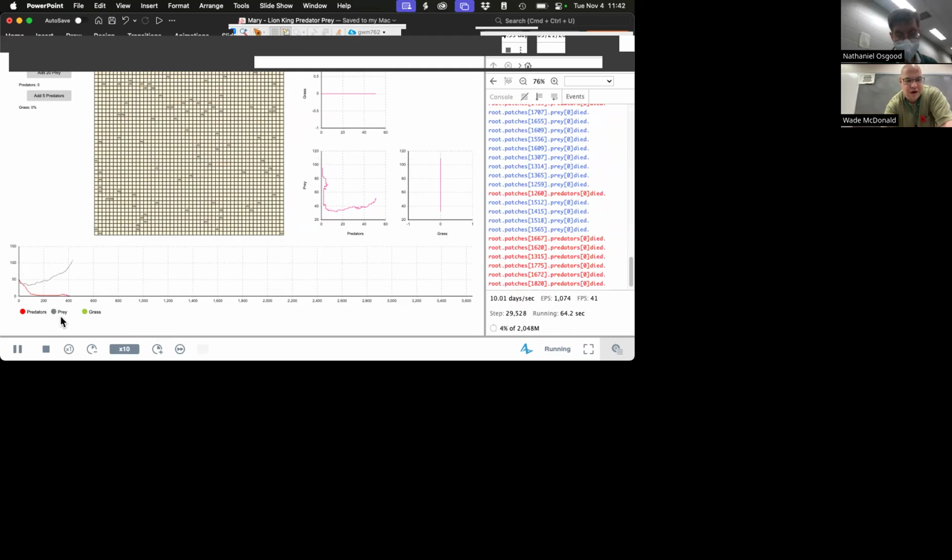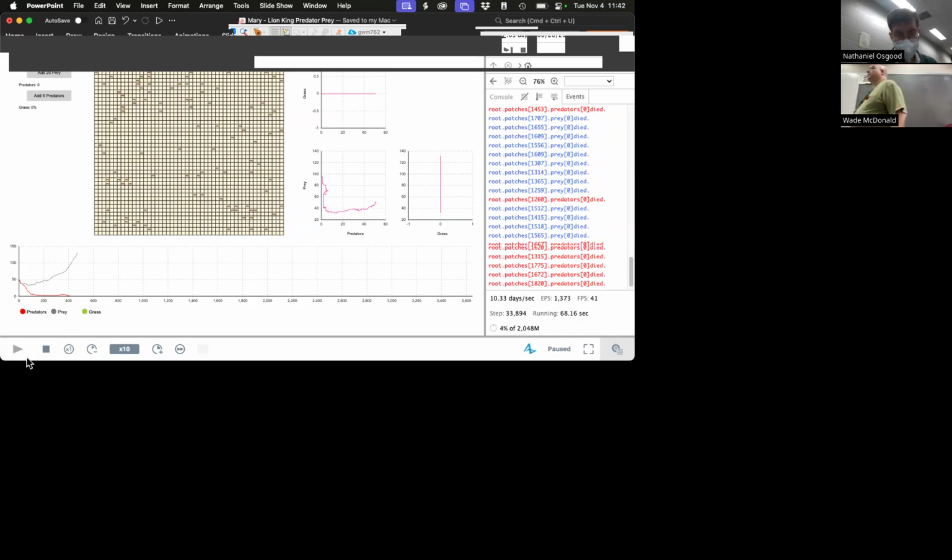Oh, what just happened? How many predators do we have left? It may not be obvious sitting in the audience, but there's a display up here. It says there's 132 prey, 0 predators.